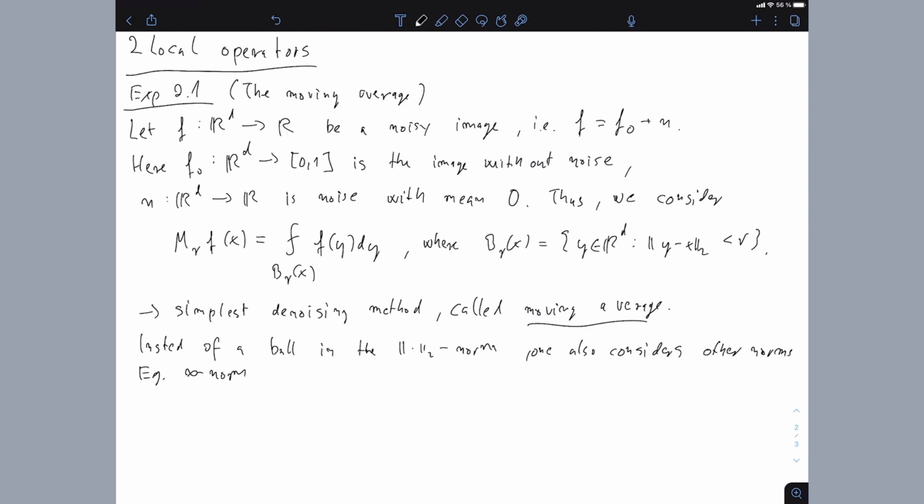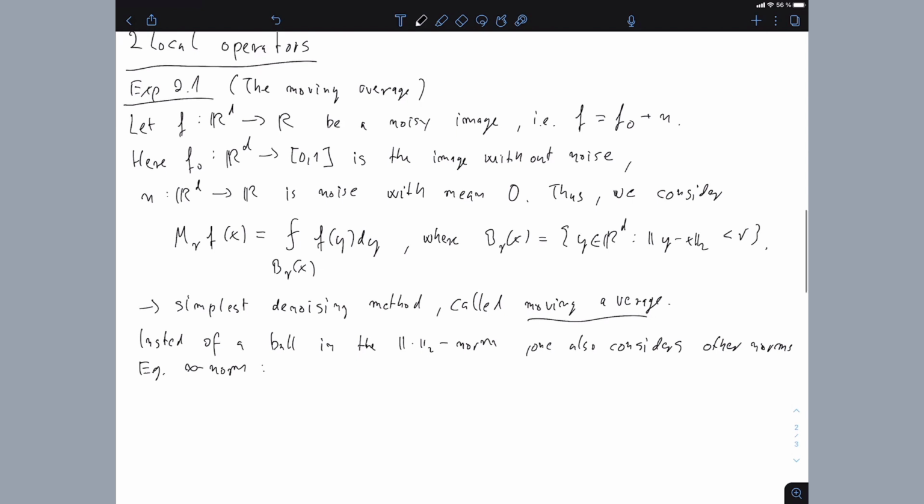For instance, the infinity norm, because it's so easy to compute in the discrete case. Our pixel grids allow us to represent squares easily, whereas for balls one has to round to the pixels.